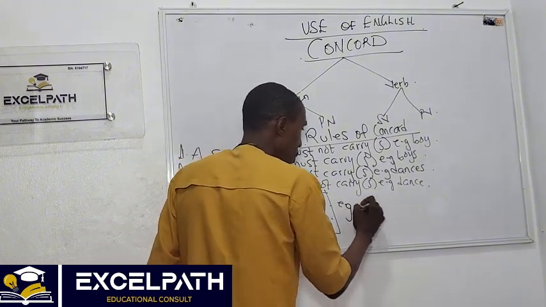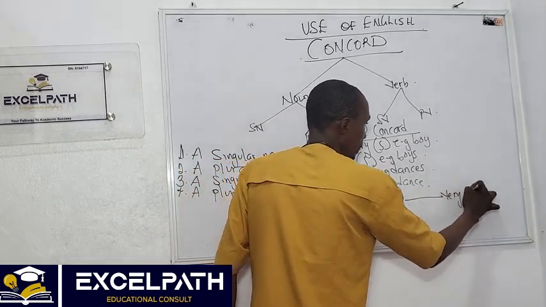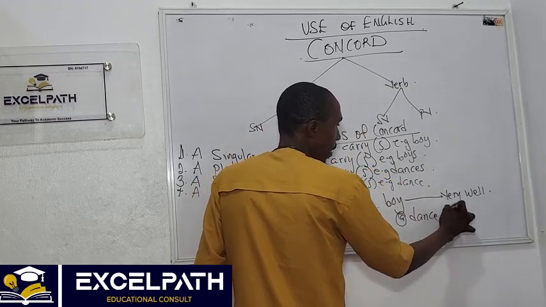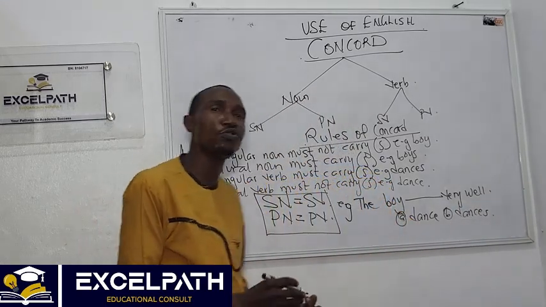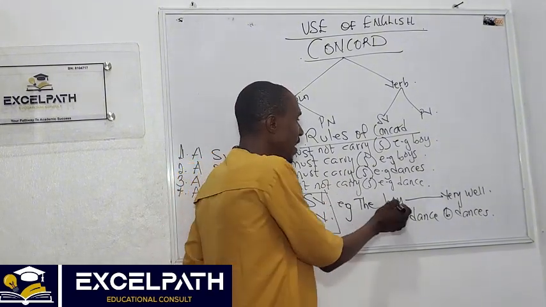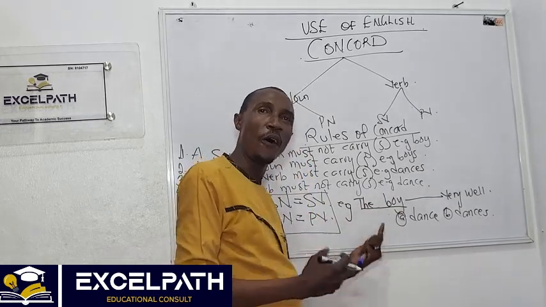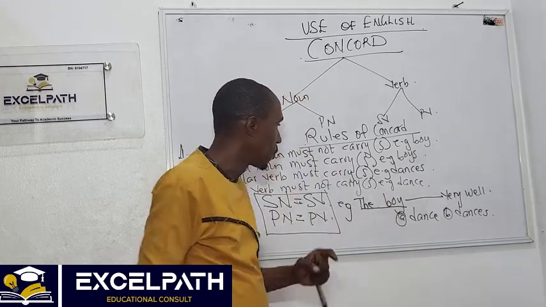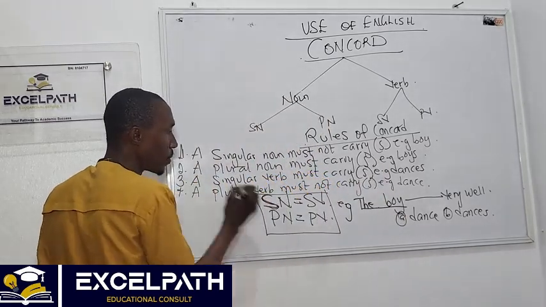Take for instance, you see a question like this: the boy dash very well. You see option A, dance, and option B, dances. You just don't jump to picking answers. The first thing you ask yourself is, the noun given to you, is it a singular noun or a plural noun? The boy is just talking about one. So since the boy is one, automatically it is a singular noun.